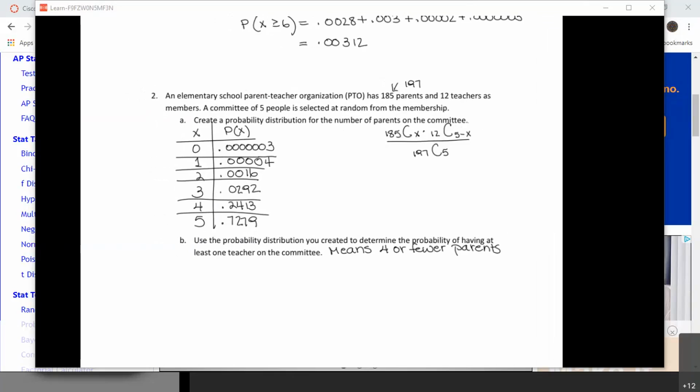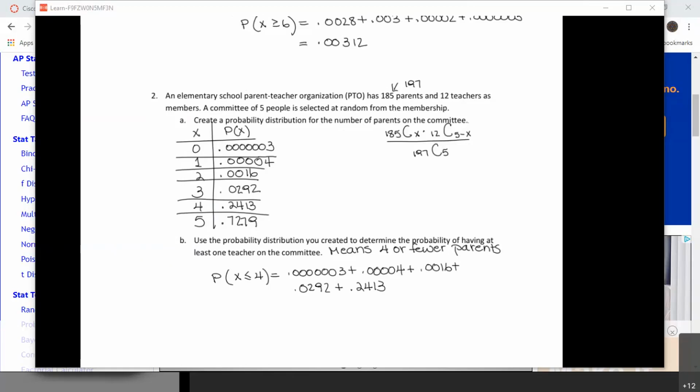Okay, so I need to add up all the probabilities where X is less than or equal to 4. So that's 0, 1, 2, 3, and 4.